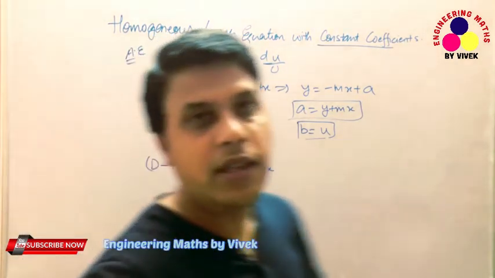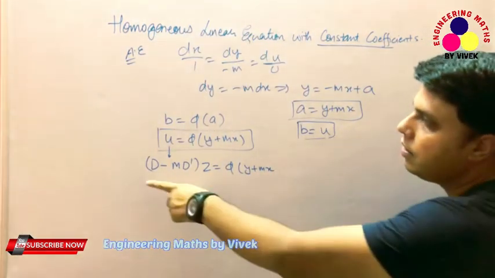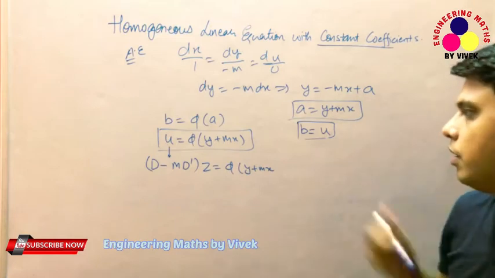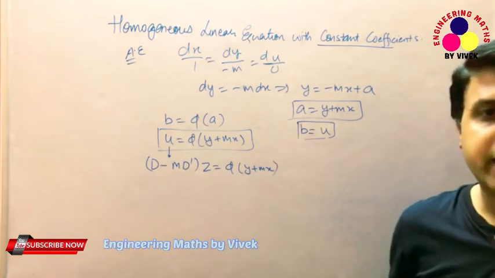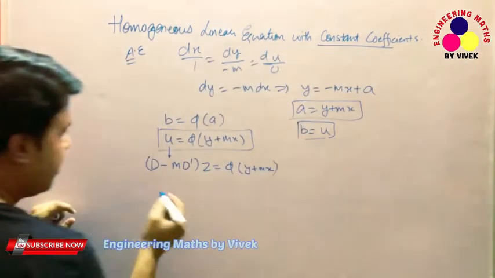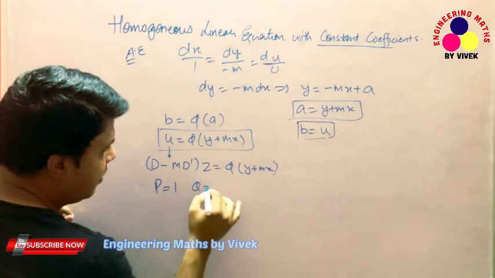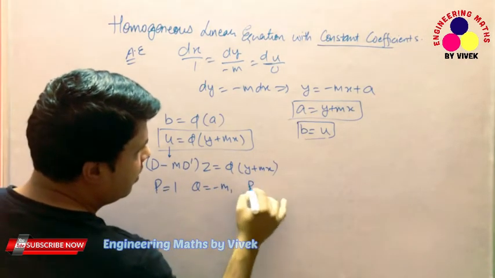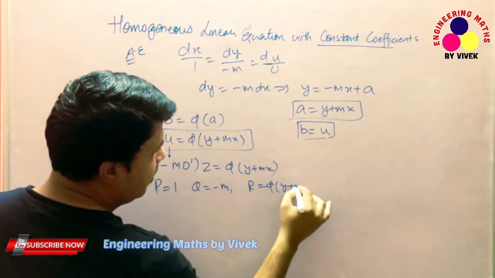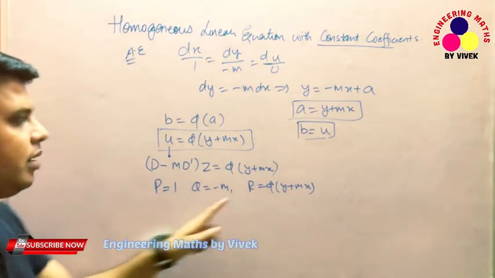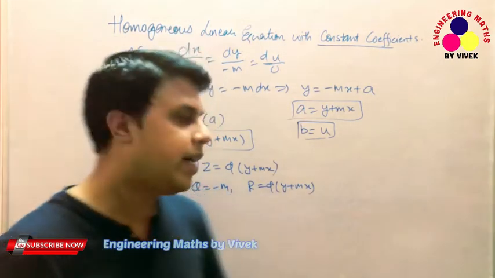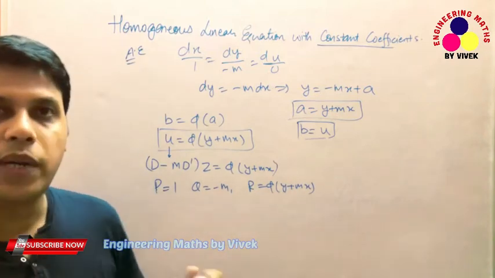So again we can see this is again a Lagrange's equation. Now again, the R is not equal to 0, but R is actually phi of y plus mx. Hope it is clear to you.